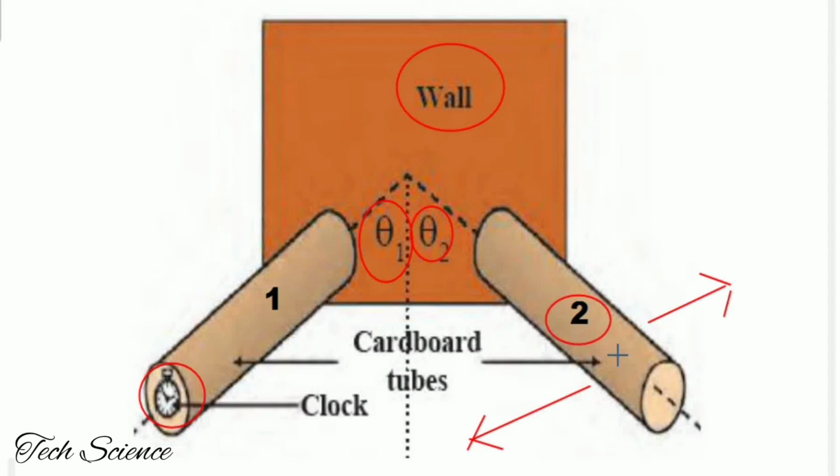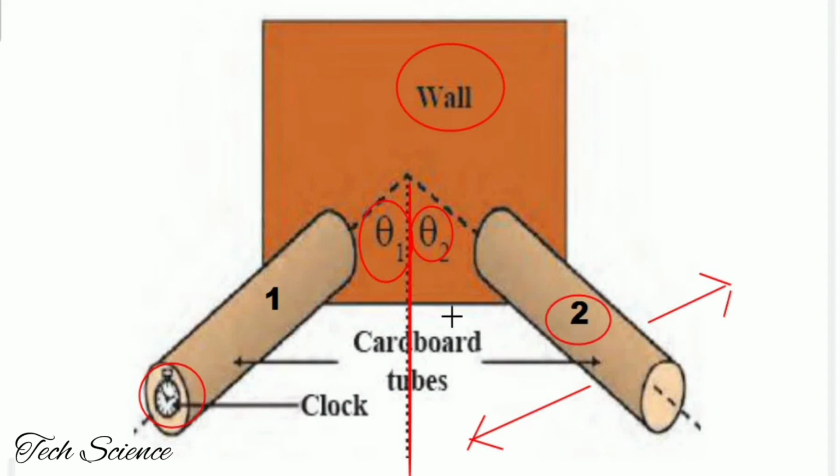Now finally, after this experiment, you have this normal, and using this normal, you can find out the value of theta 1 and theta 2. So what did you find? What is the inference of this activity? We find that the angle of incidence of the sound wave is equal to the angle of reflection of the sound wave.